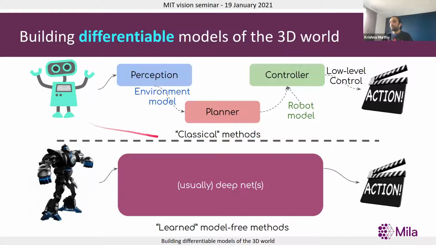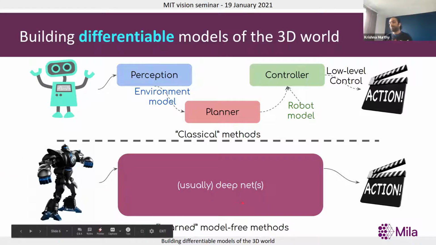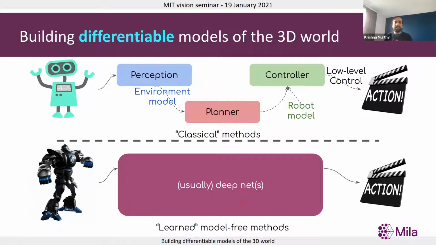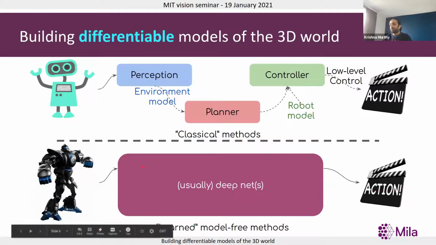But this is how classical methods are. They're very compositional. And on the bottom of the slide, you see learned techniques, particularly model-free methods, where you just have inputs, particularly observations or perceptions, and you directly need to regress to an action. So what I'm trying to argue for in this talk is: can you impose structure within these monolithic modules?